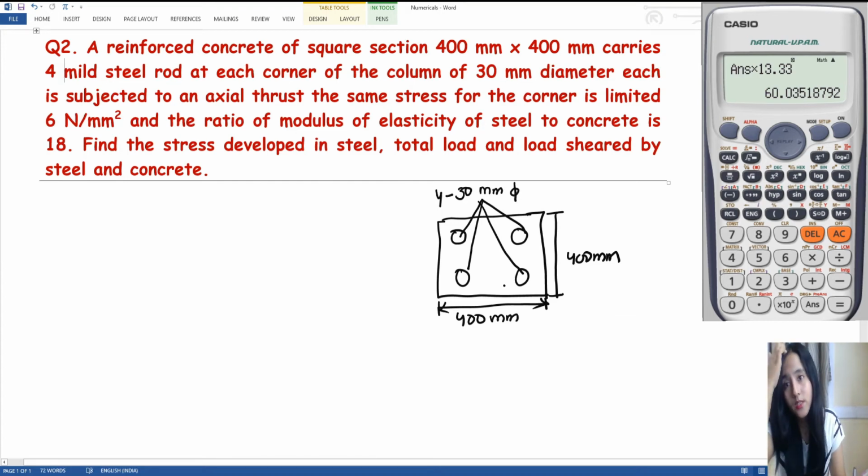Each is subjected to an axial thrust. The stress in concrete is limited to 6 Newton per mm square.